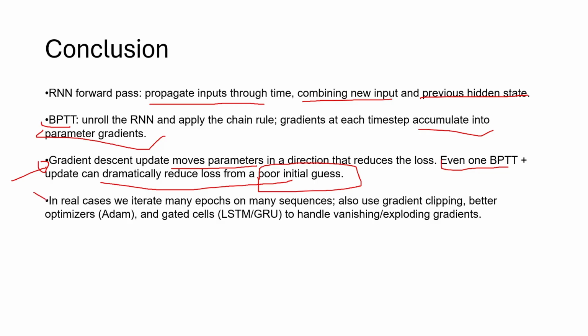In real cases, we iterate through many epochs or many sequences, and we use gradient clipping, where we set the gradient so it doesn't get below or higher than a predetermined value. We even use better optimizers like Adam optimizer and other more advanced networks like long short-term memory or gated recurrent units to handle the vanishing or the exploding gradients problem.